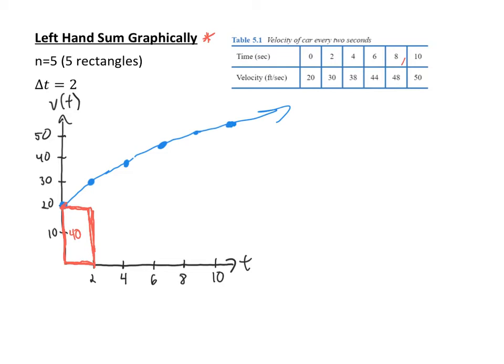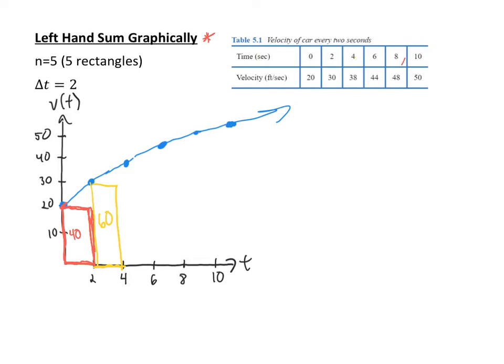From 2 to 4 seconds, I said the car traveled a speed of 30, doing my left-hand sum. Well, that would be the same thing as the area of this yellow rectangle. It would have an area of 60.